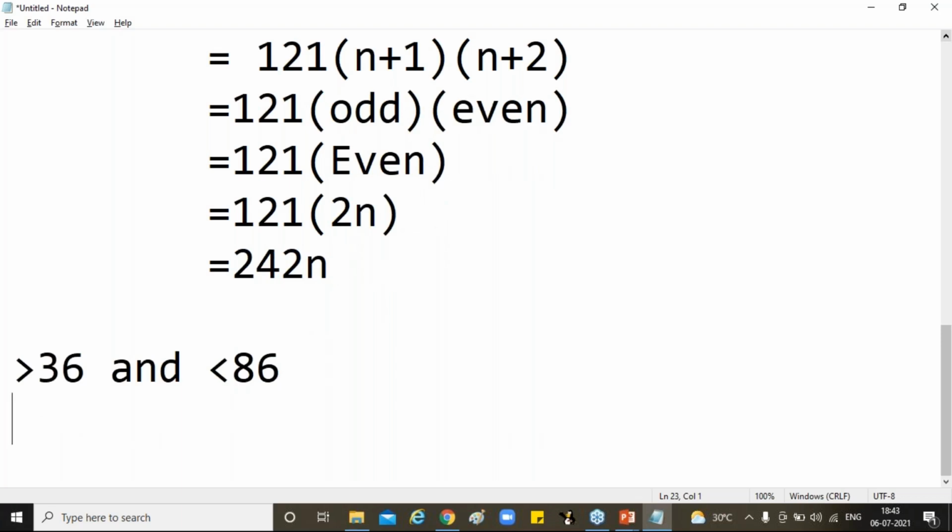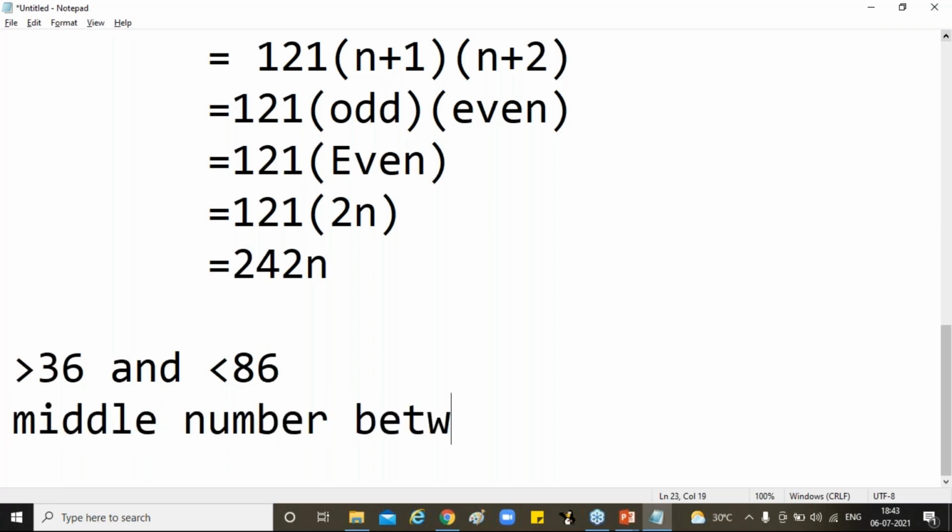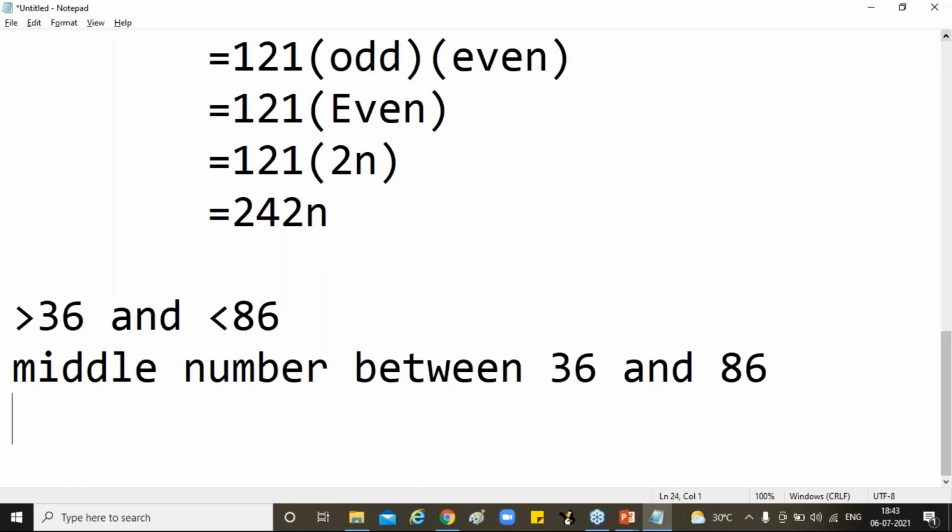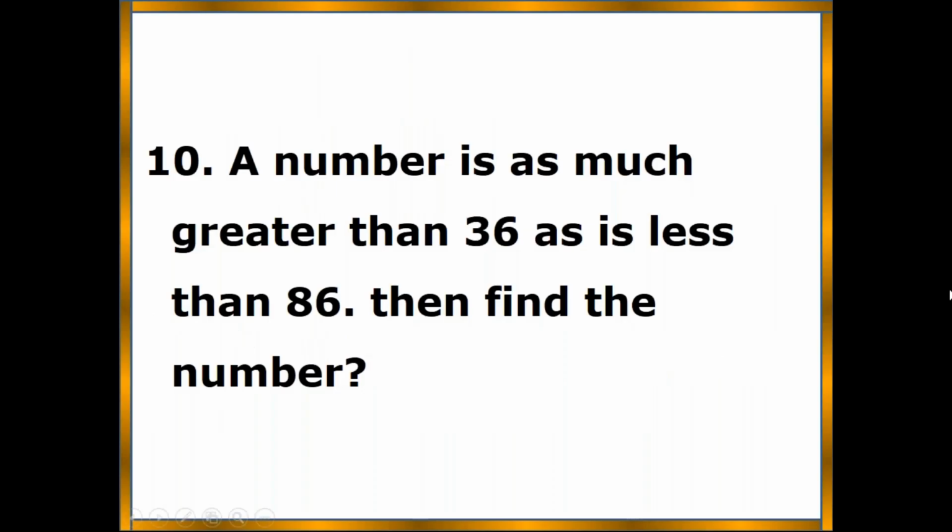Indirectly, it is the middle number between 36 and 86. Why should you go for the middle number? They have clearly given that the number is more than 36. How much more, we don't know. But with the same difference, the same number should be less than 86.